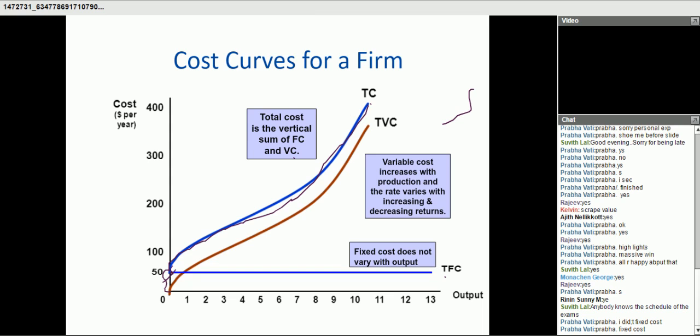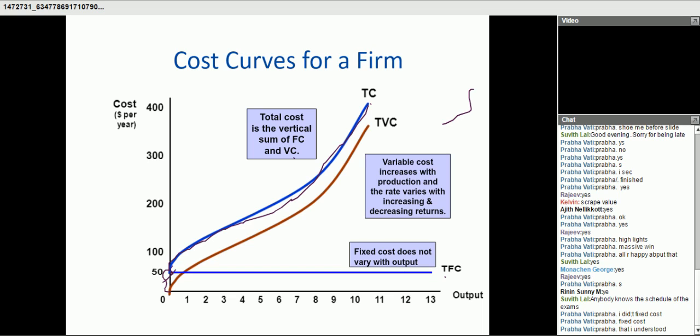Okay, Prabha, you didn't understand fixed cost. Okay, fixed cost is the cost that is fixed by nature. So whether or not we are manufacturing or doing our business, this is a cost which will be incurred by the firm. The example is depreciation on the machinery, whether the machinery is being used or not. You didn't understand this graph.